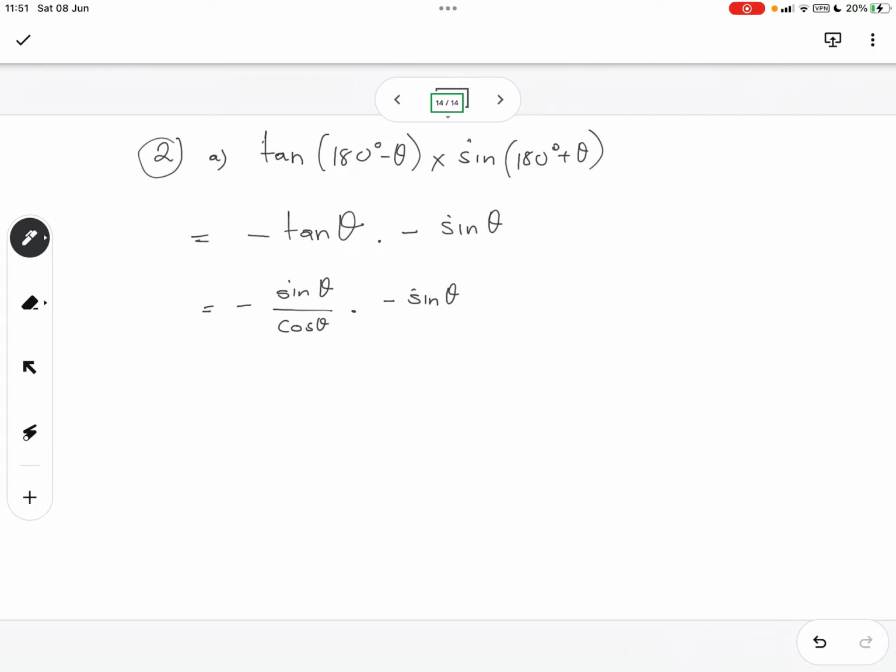Is this okay? Doesn't look like it, because now I've got sine squared over cos, and that doesn't solve the problem. I'll have to think about it again. Yeah, 180 minus theta, so it's negative tan theta. 180 plus, so it's negative sine theta.